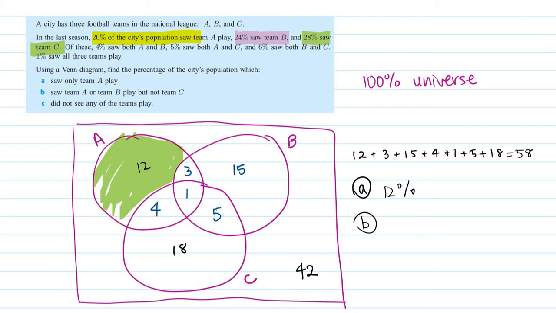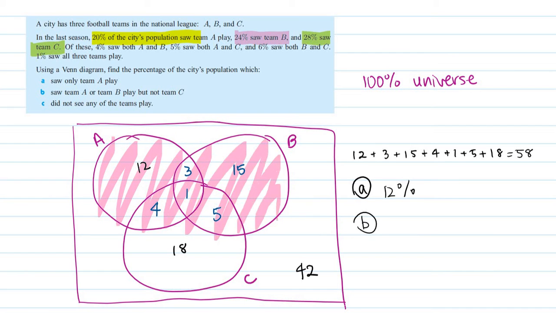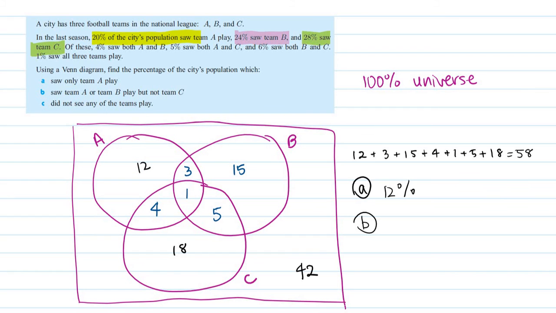Question B, what percent of the population saw Team A or Team B, but not Team C? Team A or Team B would be all of this, but we're not including the ones that are C also.